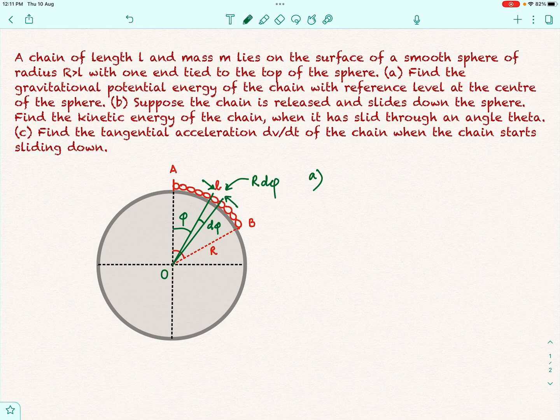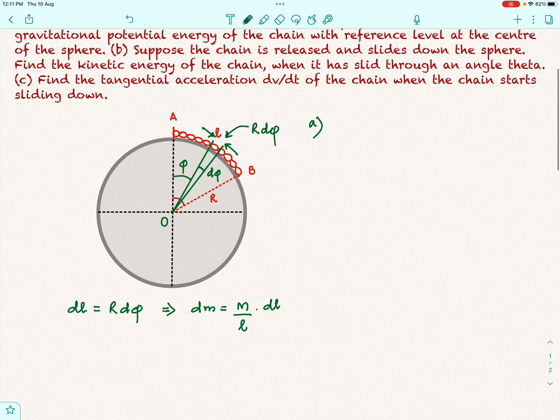So r d phi will be the small length dl of this chain, corresponding to which the mass of this small portion dm will be the total mass of the chain divided by its total length, multiplied by dl. So this becomes m by L into r d phi. This gives us the mass of this small portion of the chain.